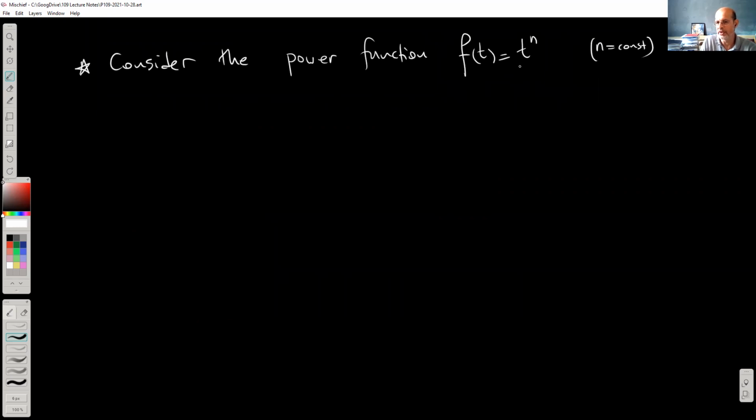Consider the power function, right? What is the derivative? Derivative df over dt. This is actually quite simple. And I'm just going to do the calculation, right?